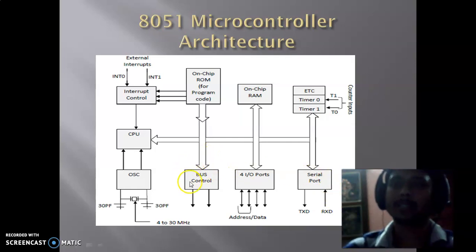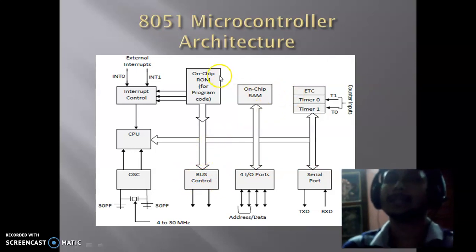It has a bus control associated with this system, and it has an on-chip ROM, where we can store some program or data, connected with the CPU through the internal system bus. Here we have an on-chip RAM, that is 128 bytes of RAM in the 8051 microcontroller, also connected with the CPU through the internal system bus.